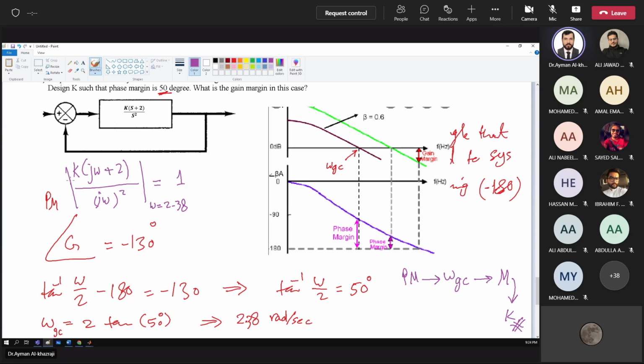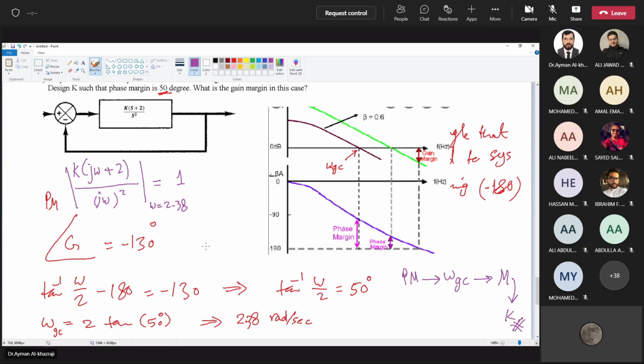So it's clear, I can find K. You can check it, K equals 1.825. Now I have K, put it here. What is it asking me to do?